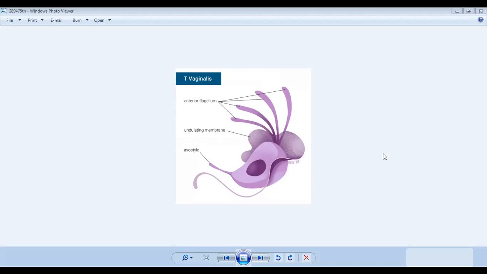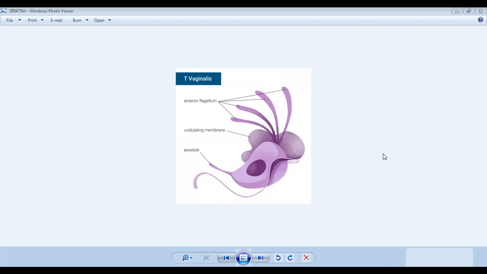Symptoms is usually a vaginal discharge. It can be described as frothy, offensive discharge. So it presents with frothy, offensive discharge, and the patient may suffer also from vaginitis and cervical affection.